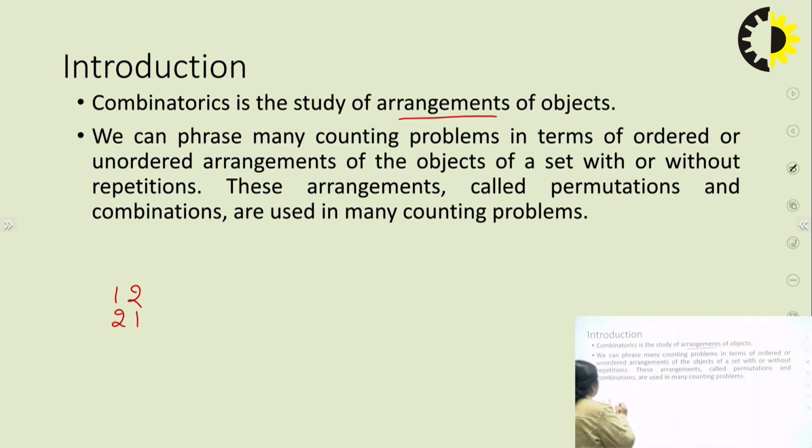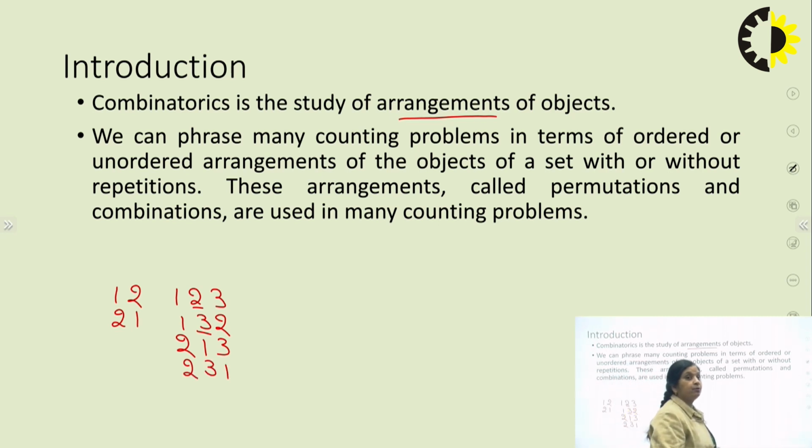Same way with 3 numbers: if I take the first number as 1, the second can be 2 or 3. Same way I can have first number 2 and second 1 or 3. So different possibilities are there. How many arrangements there are, how to arrange the things, or the possible ways, that is the area of combinatorics.